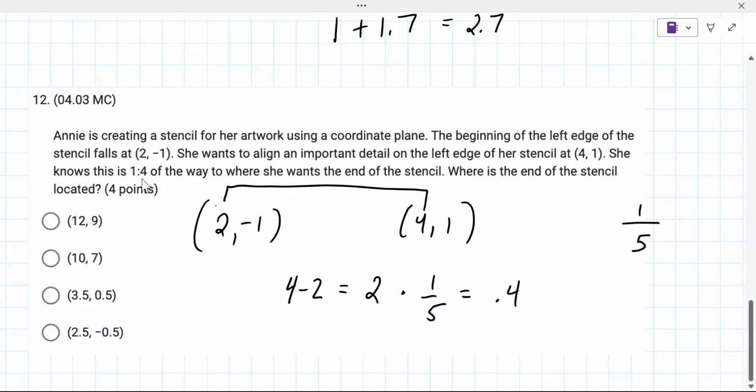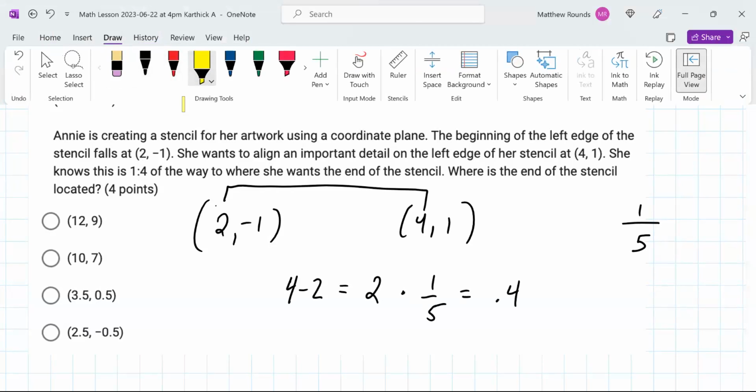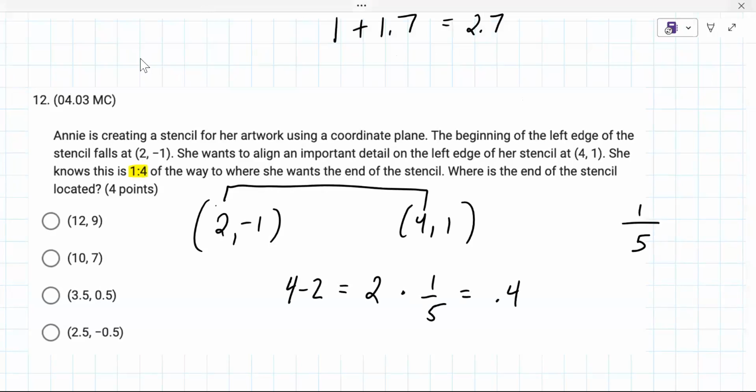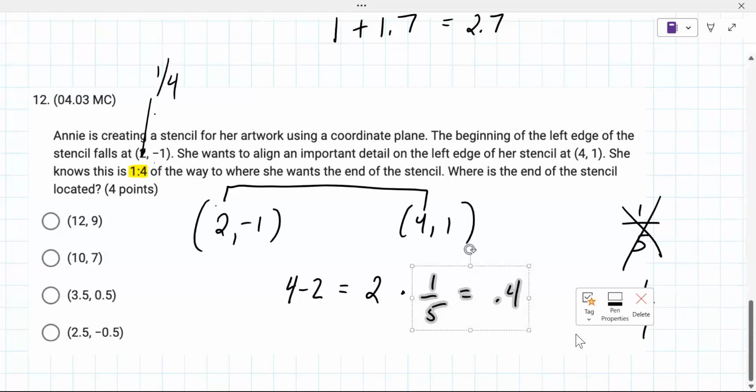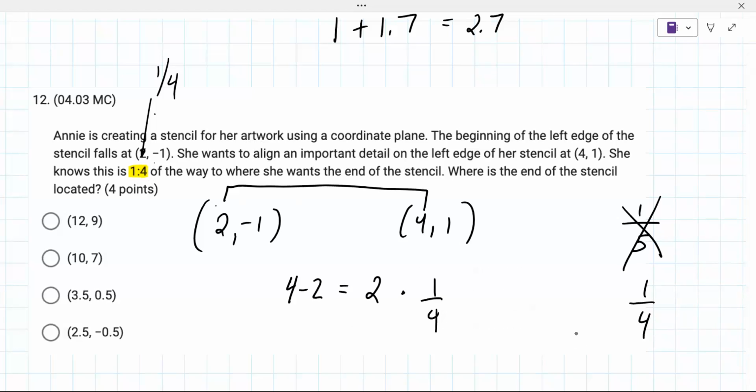Maybe your book, I mean, I'm sorry we've done this so many times, but maybe your book actually means something different by this. Maybe that means 1/4. That's what I've usually been using, one fourth. So that's incorrect in terms of the way that this is standardized, but that's where I've been maybe giving you some bad information. So 1/4 of the way, 2 times 1/4 is 1/2.